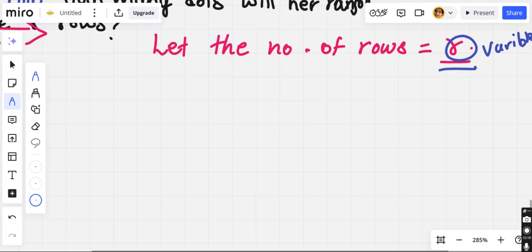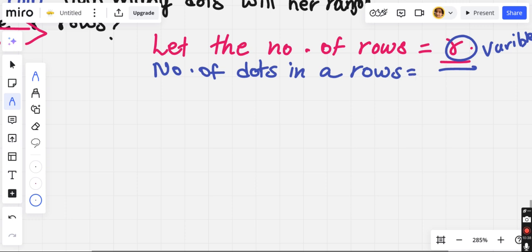If I know the variable, I would be able to solve the answer. Next, number of dots in a row is equal to 9.